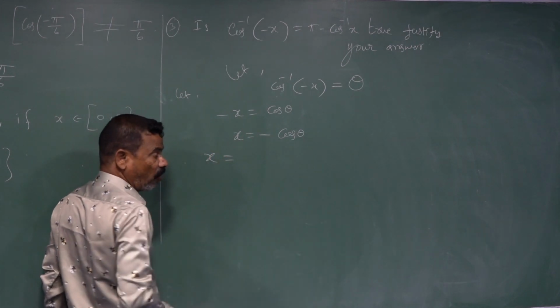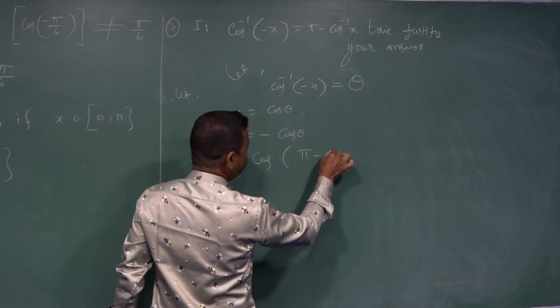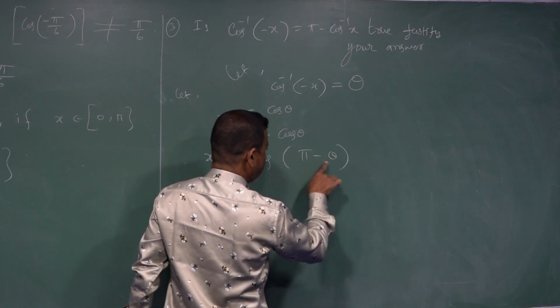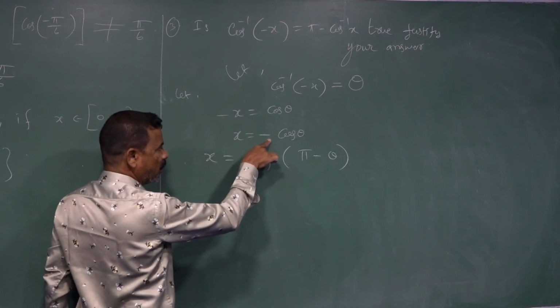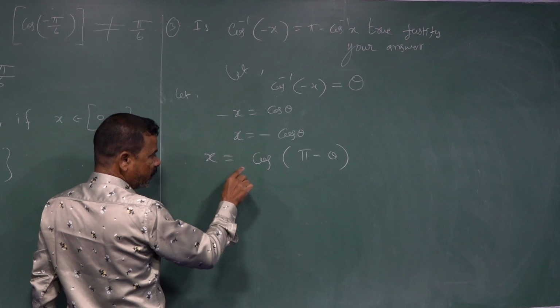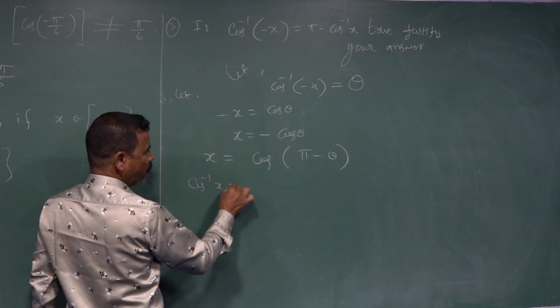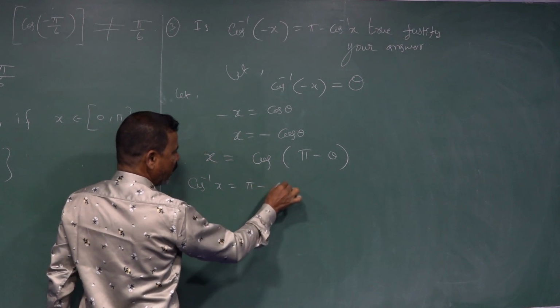It is in the second quadrant: cos of 180 minus theta, that is cos of π minus theta. Second quadrant, reverse order, minus theta, and cos theta comes. So after that, again taking cos inverse on the left side, cos inverse x is equal to π minus theta.